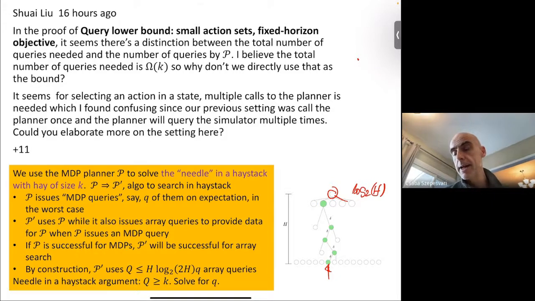After you take the most voted action, the action that occurs the most times out of all of these calls, you boost your confidence. The probability of missing is going to be not more than 1/h. So the probability of getting it correct is going to be at least 1 minus 1/h. So with a constant, relatively large probability, you're going to get it right.